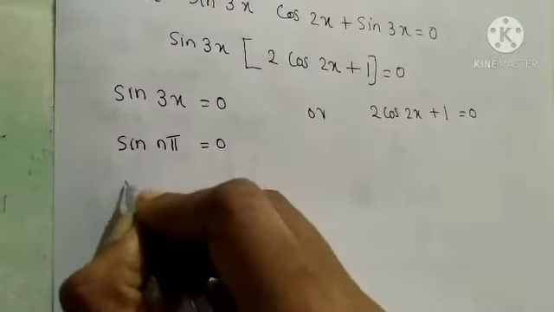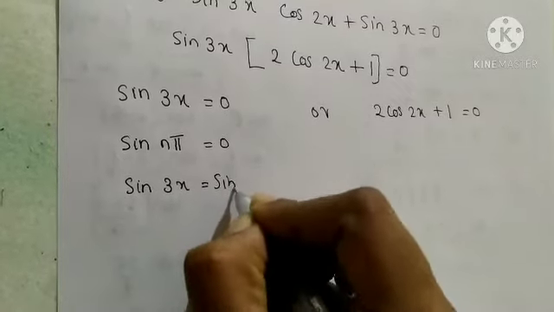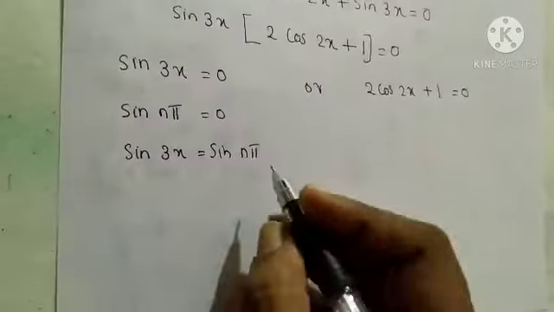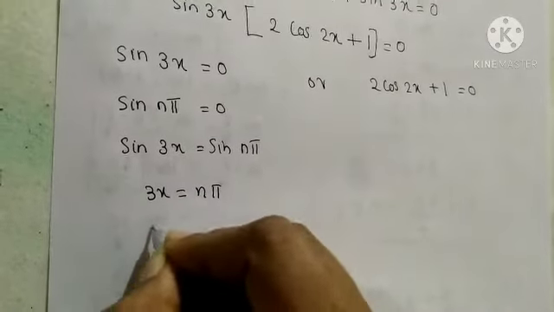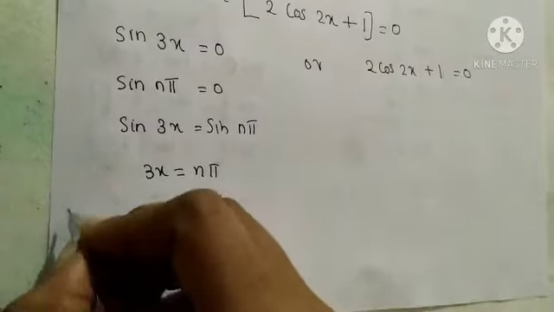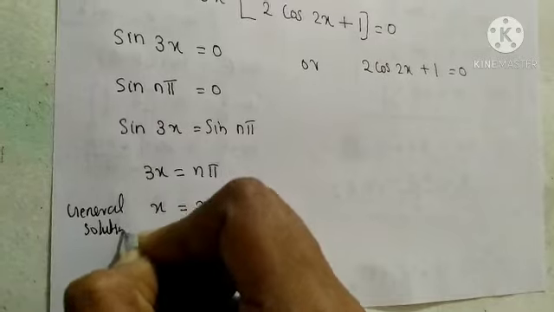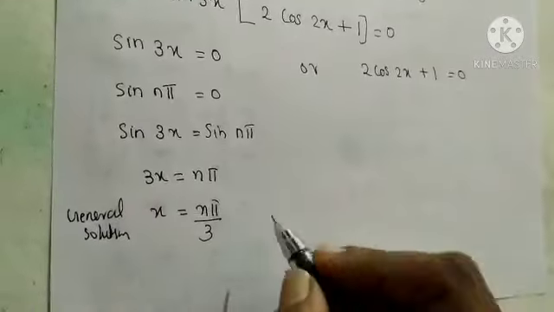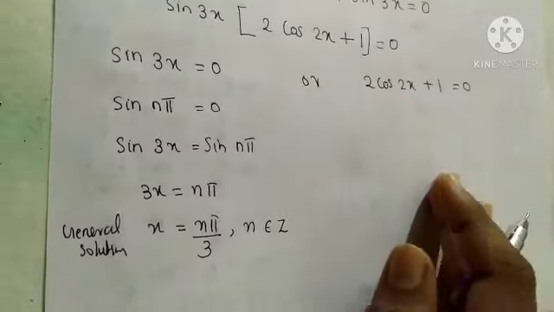So equating both, we get sin 3x equal to sin n pi. From this 3x equals n pi, or x equals n pi by 3. So this is the general solution of sin 3x. Also, always note that n is an element of the set of integers.